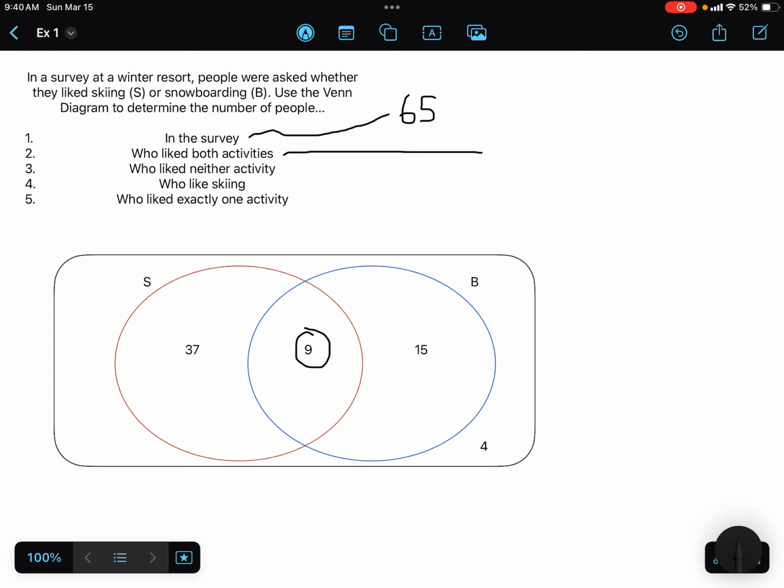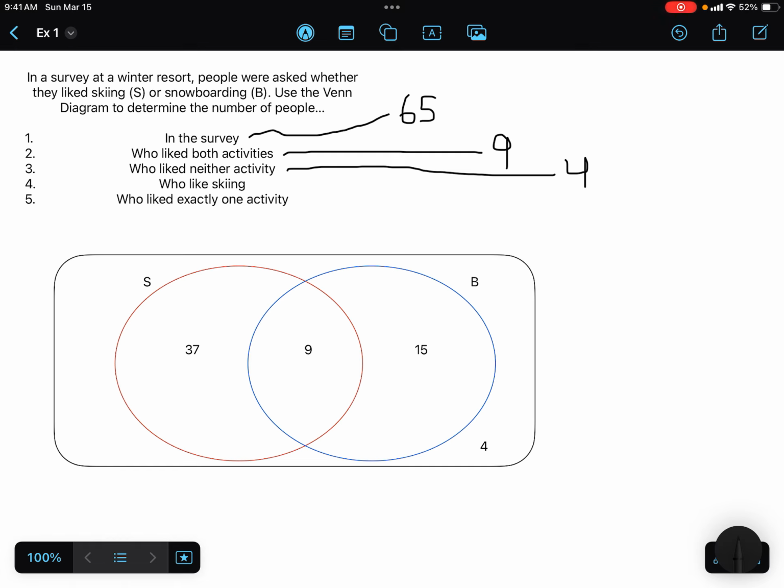The people who like neither activity, well, these 4 out here are not in the red circle or the blue circle. So they don't like either activity. So we're going to say that 4 people don't like either one. Not sure why they're at a winter resort, but that's okay.